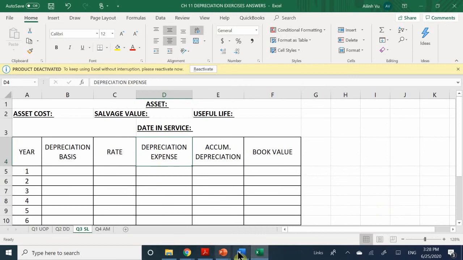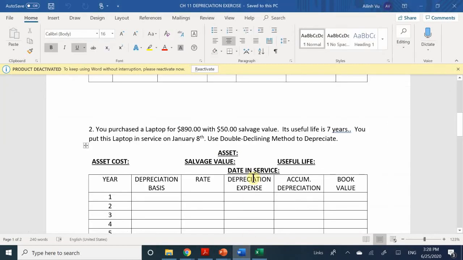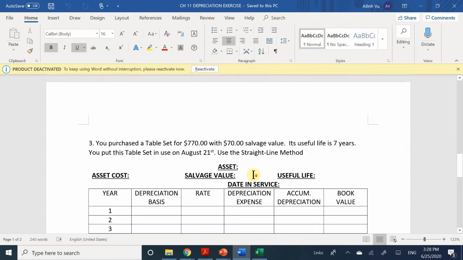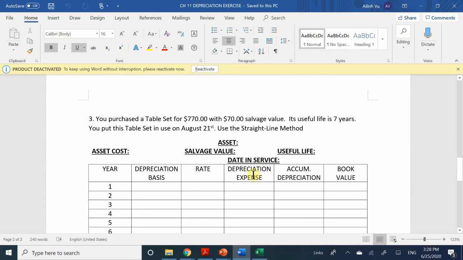All right, so let's look at our third question. The third question says you purchase a table set for $770 with $70 salvage value. Its useful life is 7 years because it's furniture. And you put this table into service on August 21st.